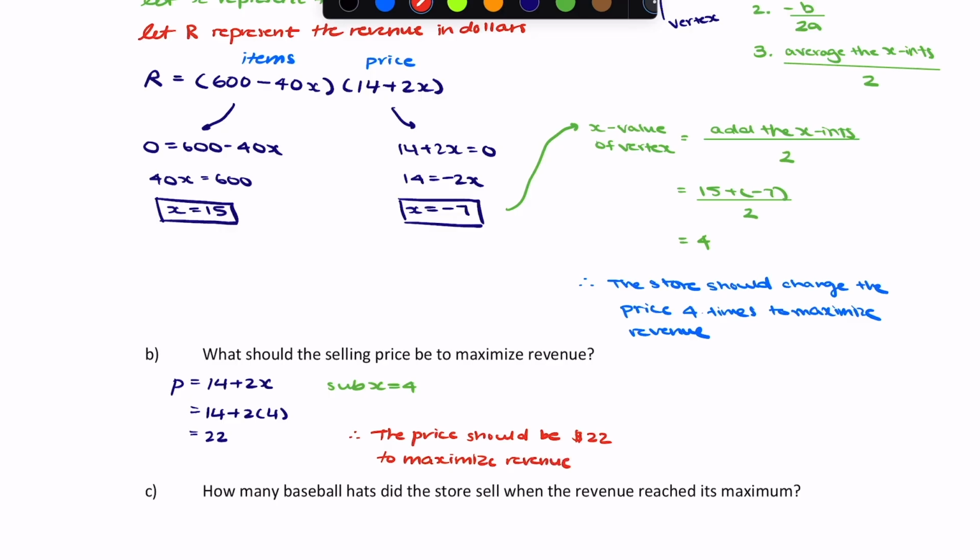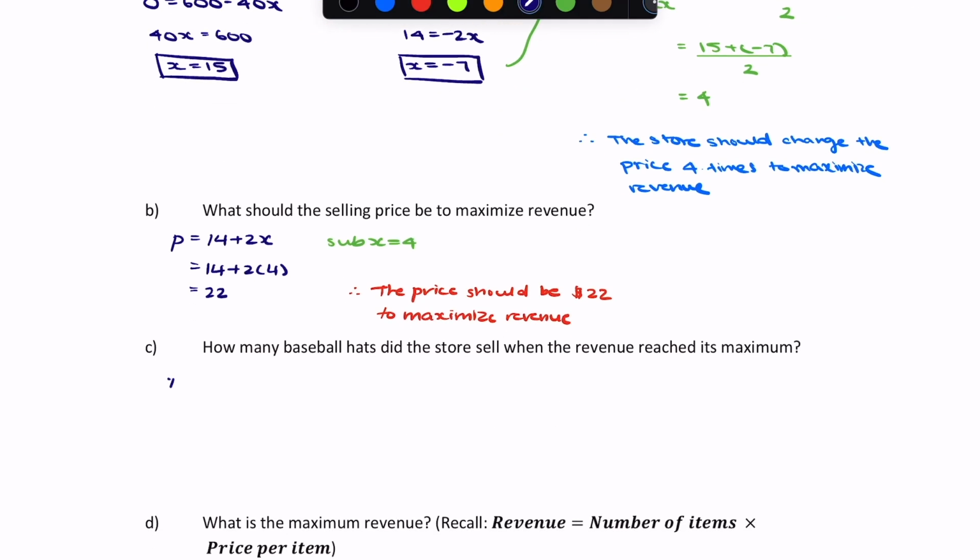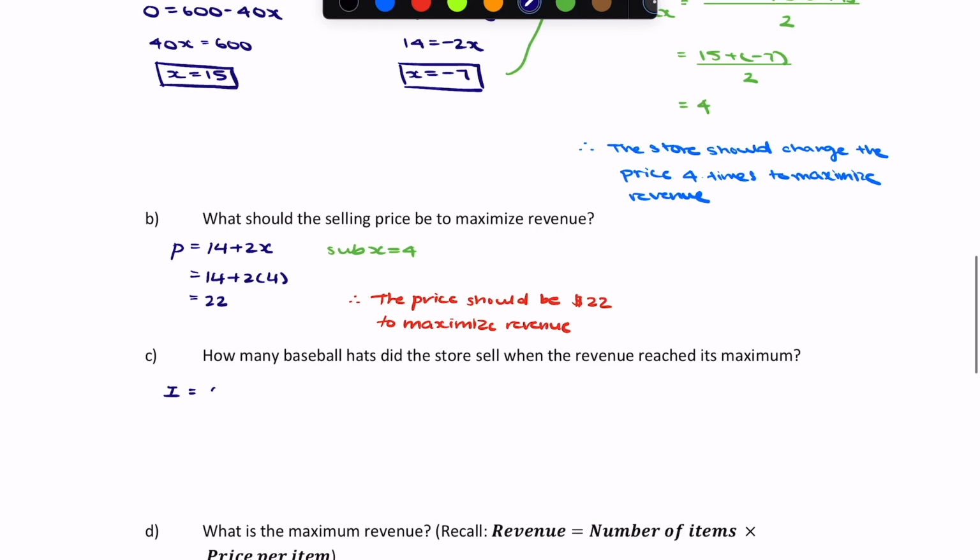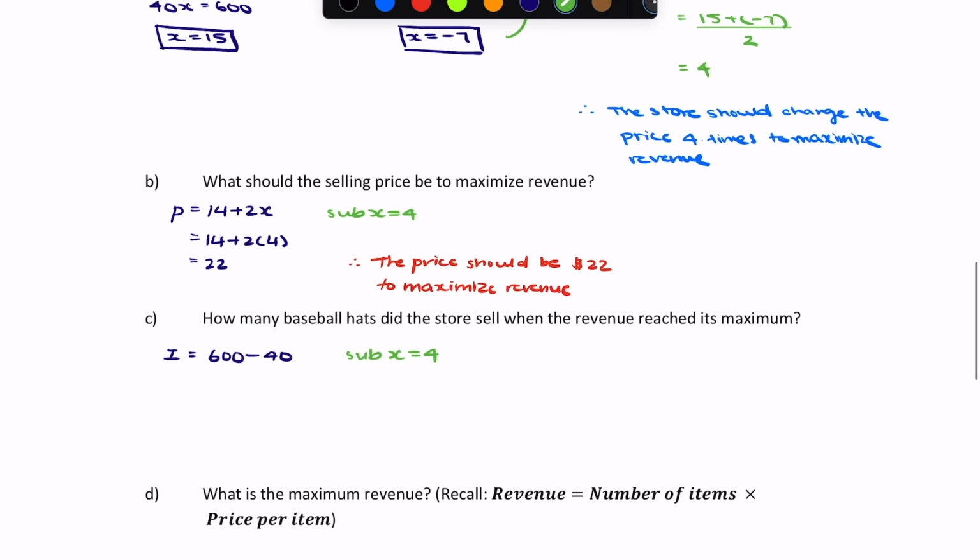And here it says, how many baseball hats did the store sell when the revenue has reached its maximum? So therefore, we're looking at items. And items formula is 600 minus 40x. And here again, we'll sub in x is equal to 4. Here we'll get 600 minus 40 times 4 is equal to 440.